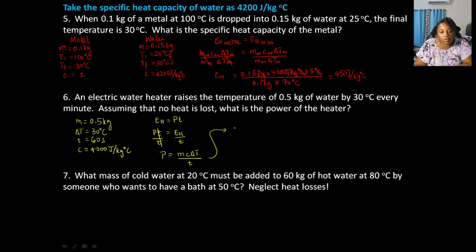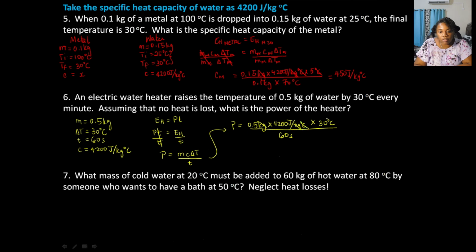Filling that in, P equals the mass, 0.5 kilograms, times 4200 joules per kilogram degree Celsius, times 30, divided by the time, which is 60 seconds.